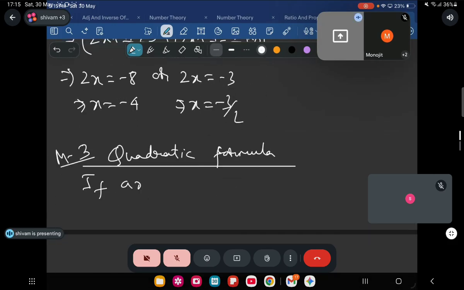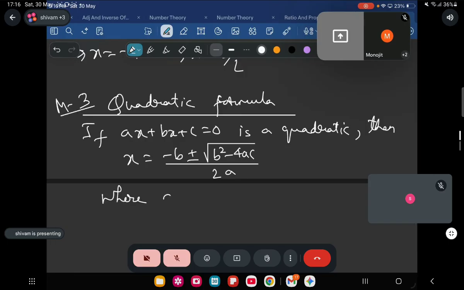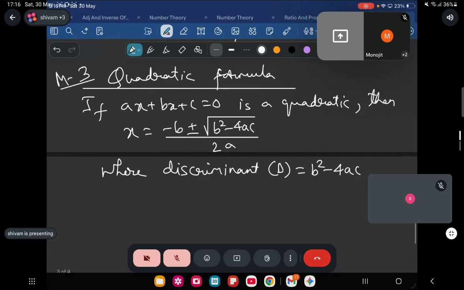If ax square plus bx plus c equal to 0 is a quadratic, then x is equal to minus b plus minus root over b square minus 4ac, divided by 2a, where the discriminant D is given by b square minus 4ac. It is also denoted by delta.